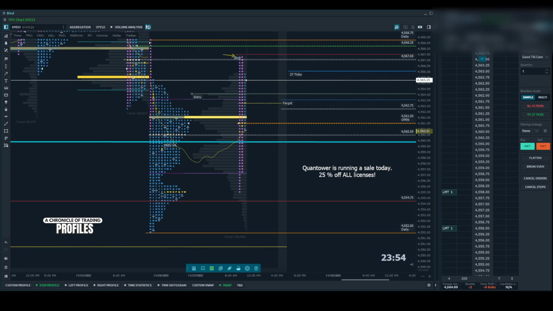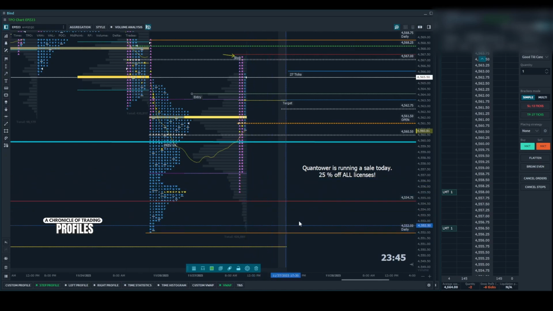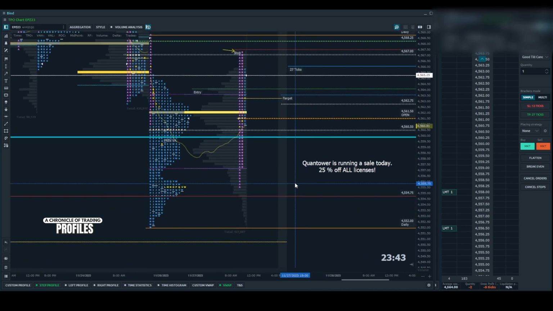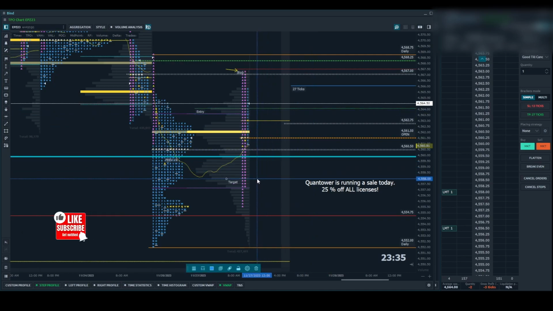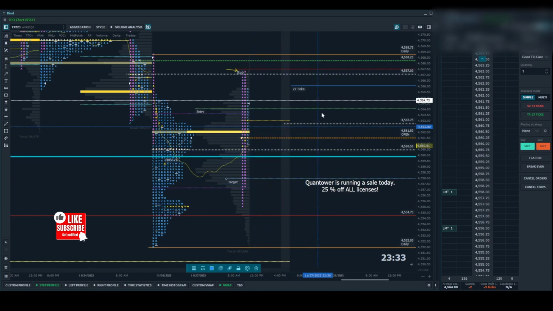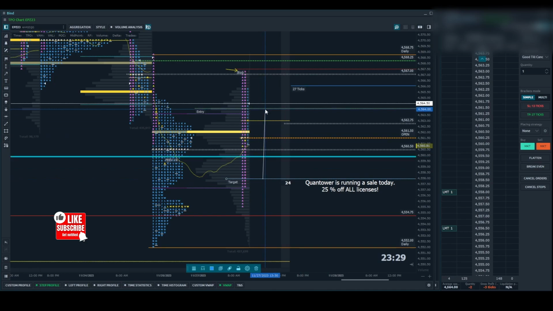You can leave these separate just in case it does get really moving, but I really wouldn't expect it to totally fall apart. So I'd have my first target here at 58. See where our 27 ticks is at.